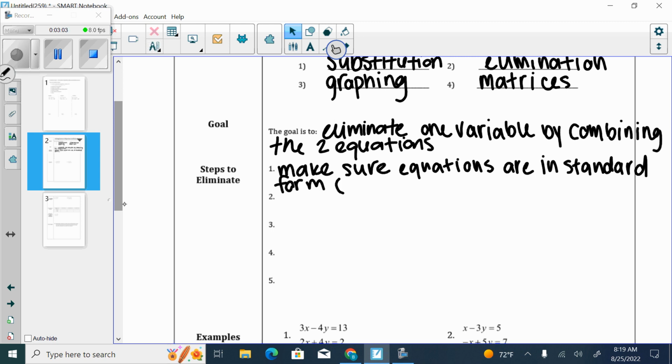And remember, standard form, the way that looks is ax plus by equals c. So your x first, then your y is equal to the constant number, right?